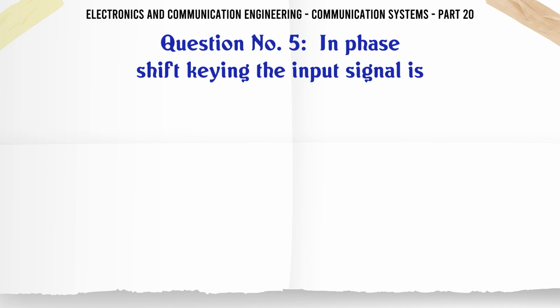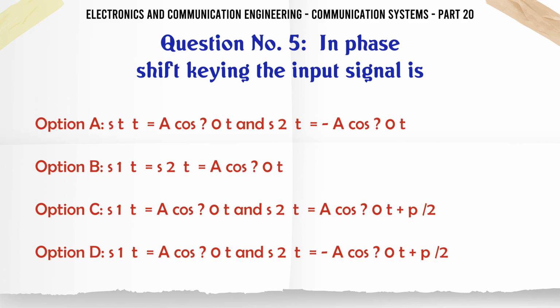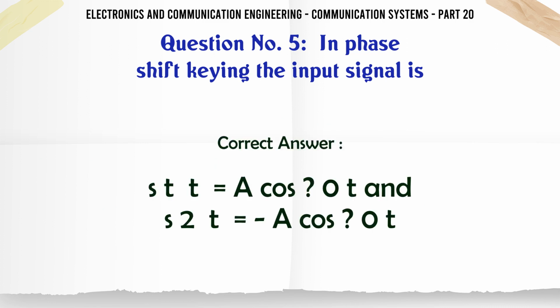In phase shift keying, the input signal is: A, S1(t) = A cos ω0t and S2(t) = A cos ω0t; B, S1(t) = ... ; C, S1(t) = A cos ω0t and S2(t) = A cos(ω0t + π/2); D, S1(t) = A cos ω0t and S2(t) = A cos(ω0t + π). The correct answer is S1(t) = A cos ω0t and S2(t) = -A cos ω0t.